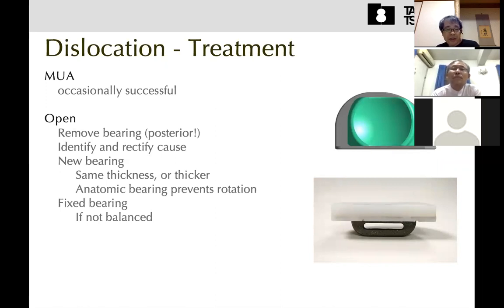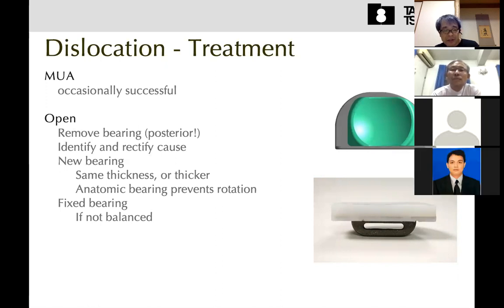Otherwise, the medial side has abnormal elongation of the MCL and on the lateral side, OA can occur in the future. But sometimes it is quite difficult to adjust the balance, even using the 1 millimeter or 2 millimeter thicker bearing, so the bearing can dislocate easily. In this case, we need to revise to the fixed bearing like this.